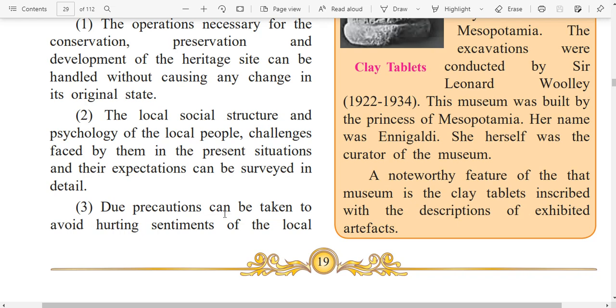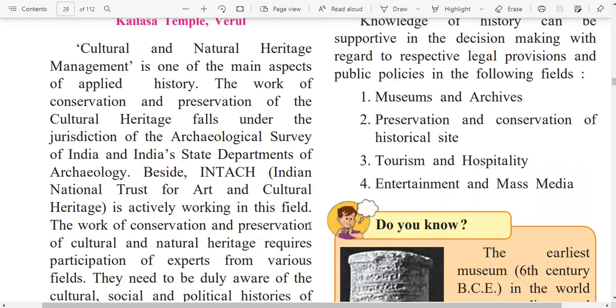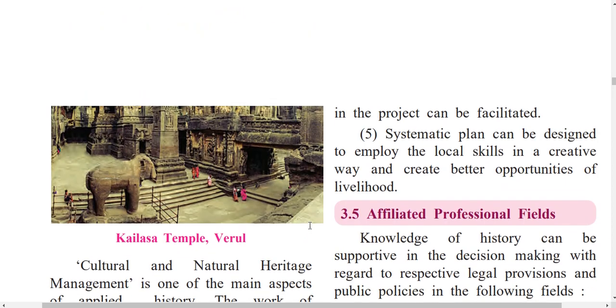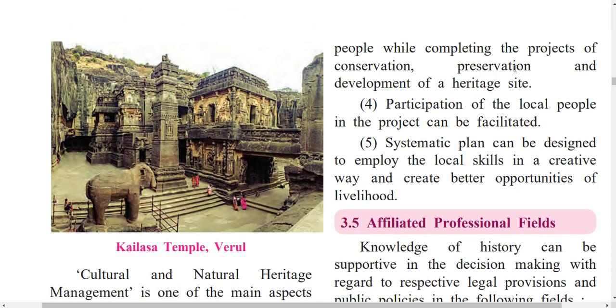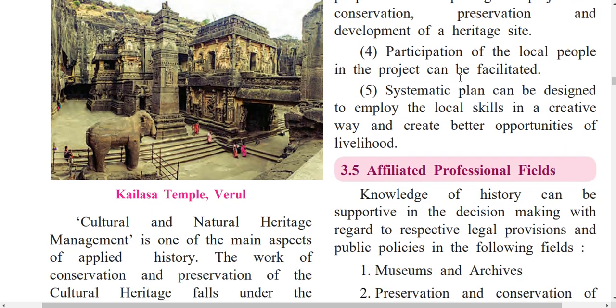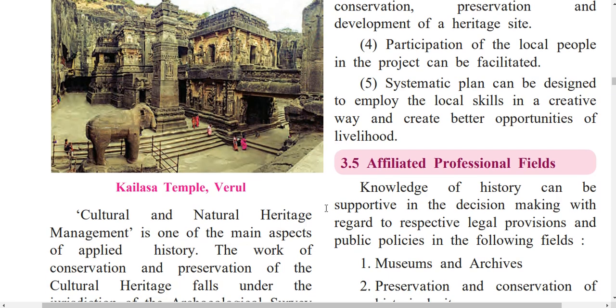Third, due precautions can be taken to avoid hurting sentiments of local people while completing the projects of conservation, preservation, and development of a heritage site. Fourth, participation of the local people in the project can be facilitated. Fifth, a systematic plan can be designed to employ the local skills in a creative way and create better opportunities of livelihood.